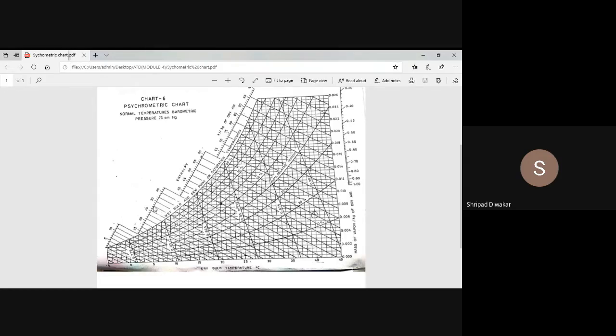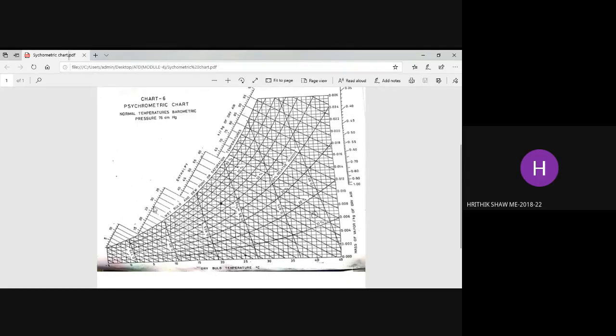It is exactly in the middle. We have 5 divisions between 25 and 30, and it is exactly in the middle of 25 and 30. So you get 25 plus 30 divided by 2, or 27.5 kilojoules per kg.